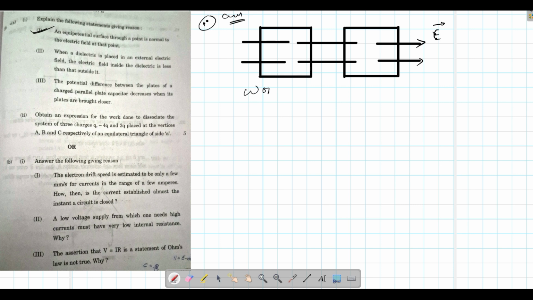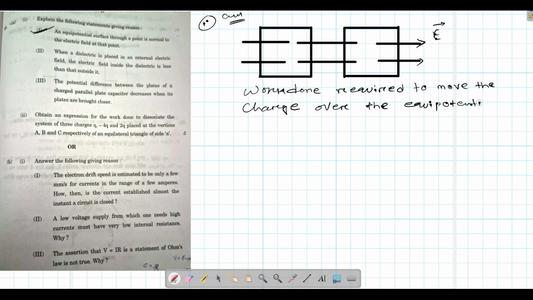Work done required to move the charge over the equipotential surface becomes 0.